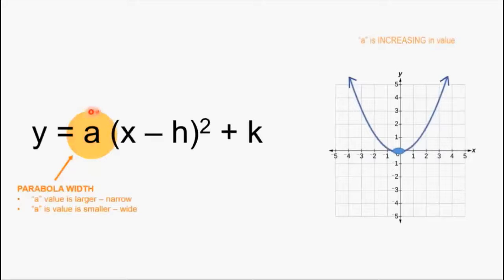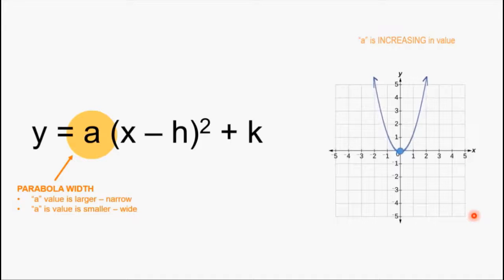Itong a din ang nagsasabi or tinitingnan natin para sa width or lapad ng parabola. If the value of a is larger, mas makitid. If the value of a is smaller, mas palapad siya. So, dito tayo sa graph. a is increasing in value. Ayan. So, pakitid siya ng pakitid.